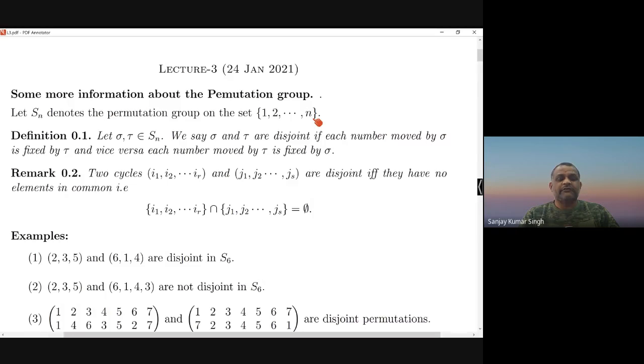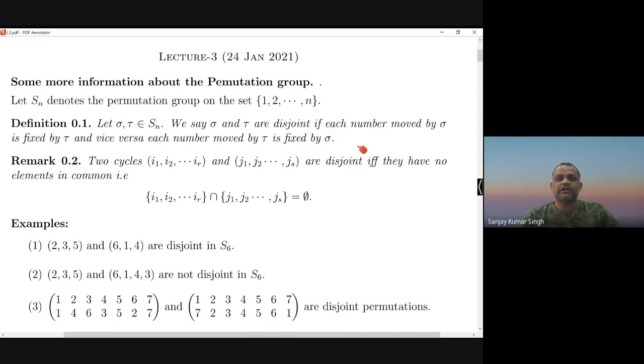Now one definition about permutations. Let sigma and tau be two permutations in Sn. Then we say these two permutations are disjoint if each number moved by sigma is fixed by tau and vice versa. So two permutations cannot move the same number. One number is only moved by one permutation.